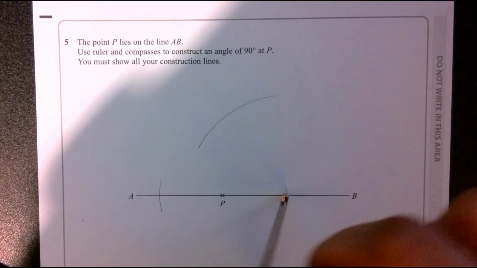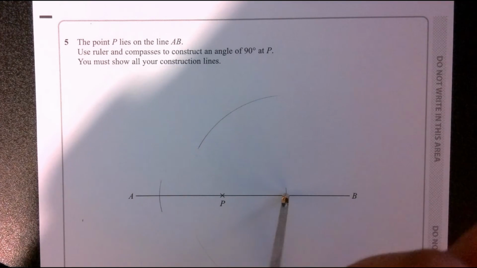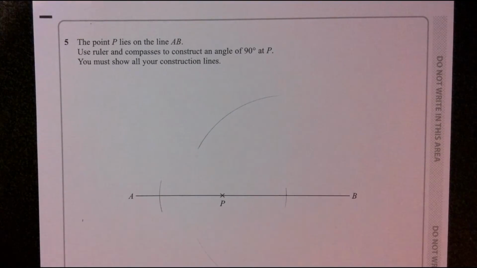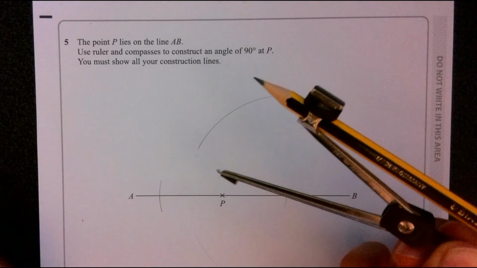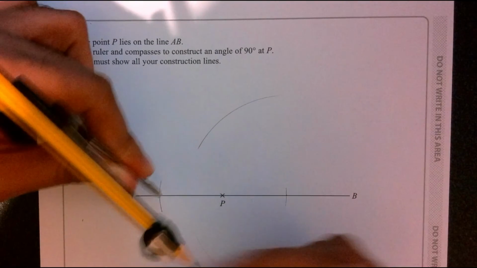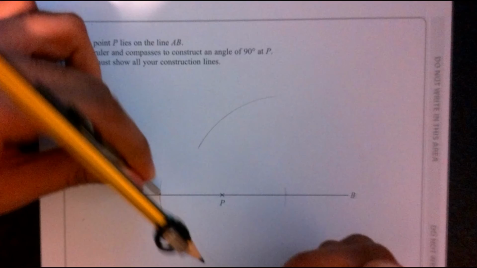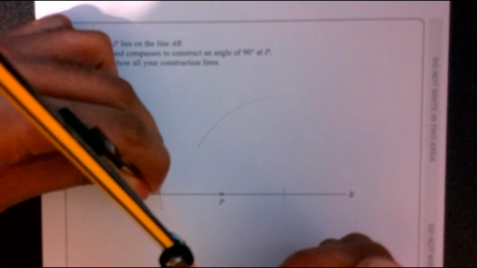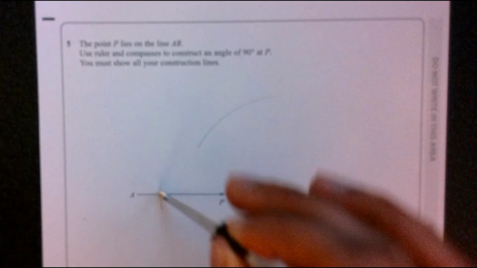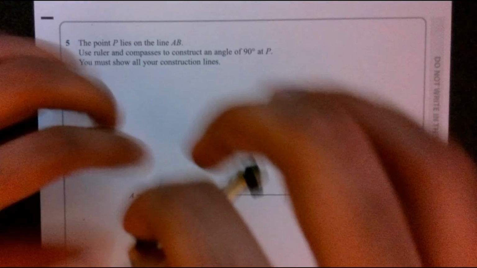Draw an arc. Maintain the same radius. Pointy bit goes here. Draw an arc once here and once here.